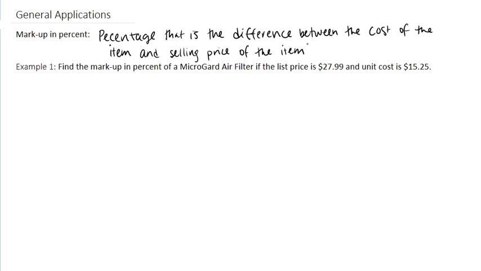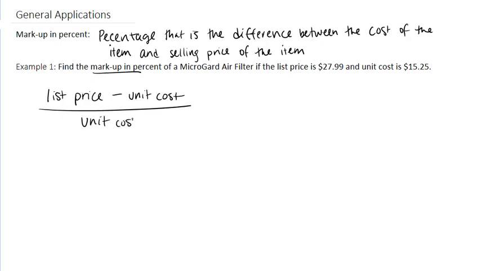So let's look at an example. Example 1. Find the markup in percent of the MicroGuard air filter if the list price is $27.99 and the unit cost is $15.25. So how we find the markup in percent is we take the list price minus the unit cost divided by the unit cost times 100.